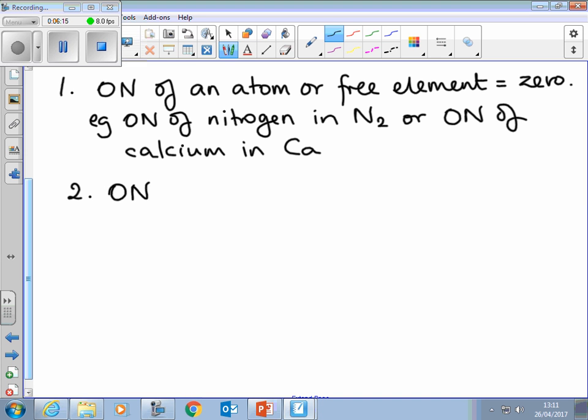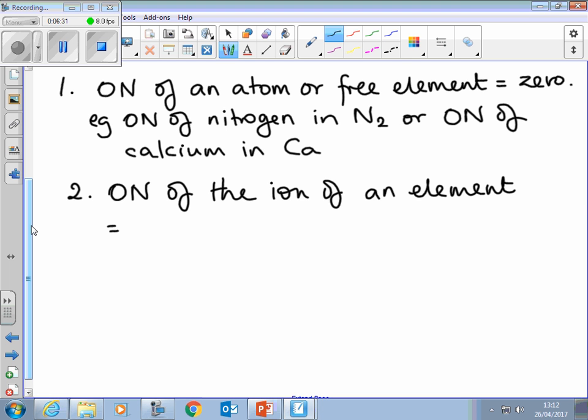So the oxidation number of the ion of an element, remember, so it's a single symbol, equals charge.